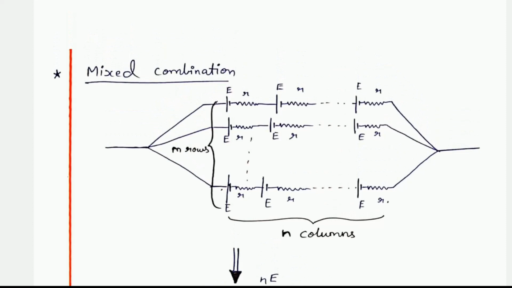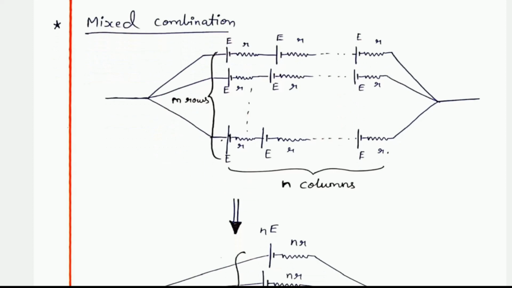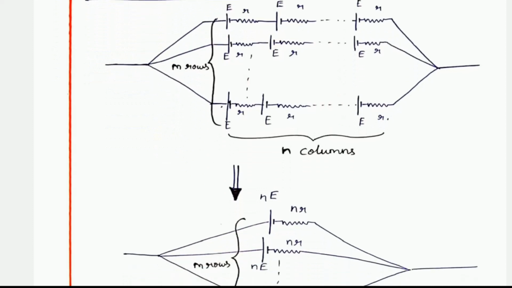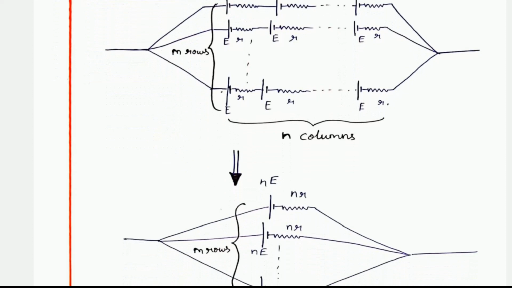In the first row, all the cells are in series, so the net EMF will be nE because there are n cells in a row. So the net EMF of the first row will be nE and the net resistance will be nR. Similarly, in the second row there are n cells and the net EMF will be E plus E plus E n times, so again nE and again nR, and so on.